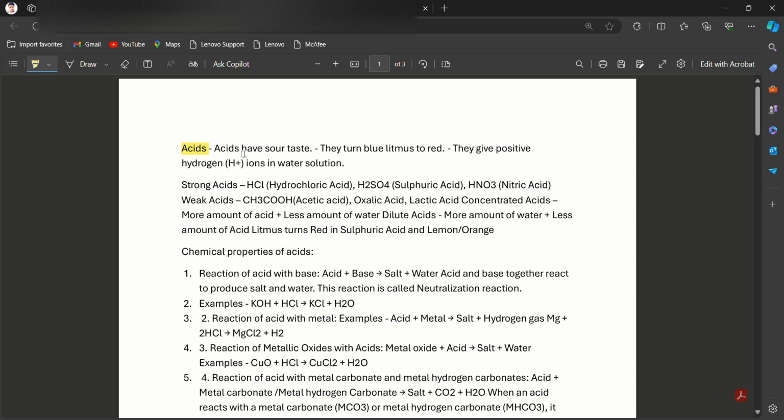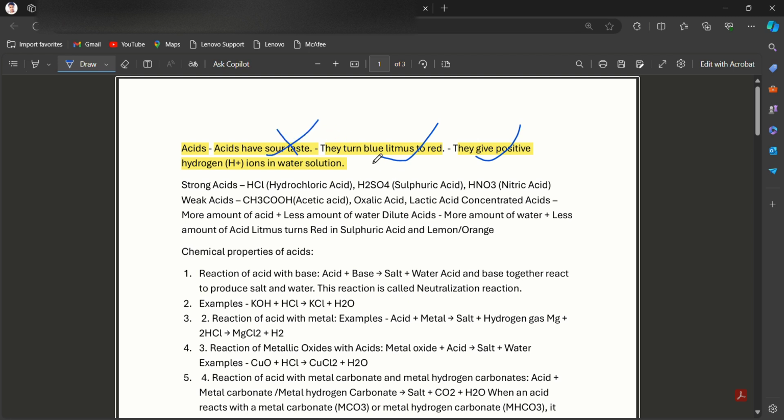Acids have sour taste, स्वाद में खट्टे होते हैं। They turn blue litmus to red, नीले लिटमस पेपर को लाल कर देते हैं। And they give positive hydrogen ion in water solution. These two properties are remarkable, and the sour taste is not so remarkable because you are not going to taste acids.